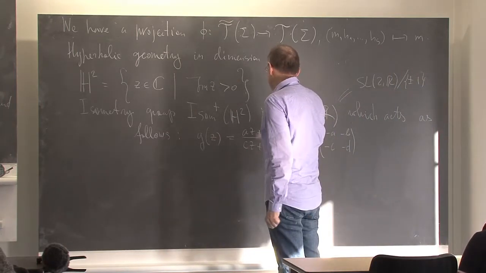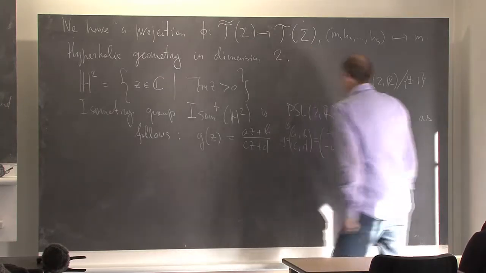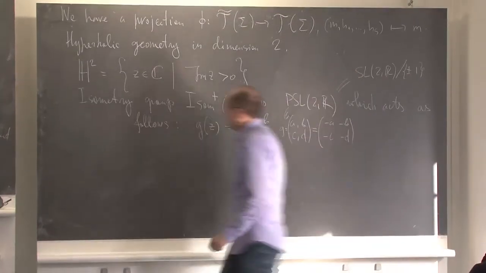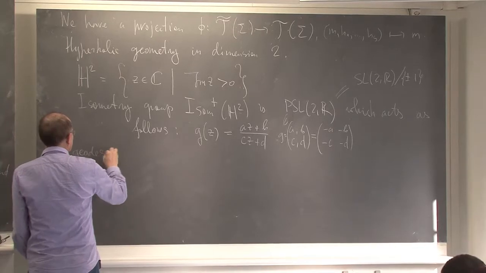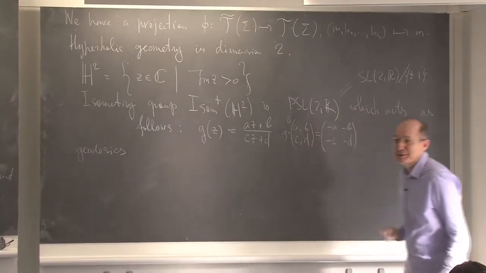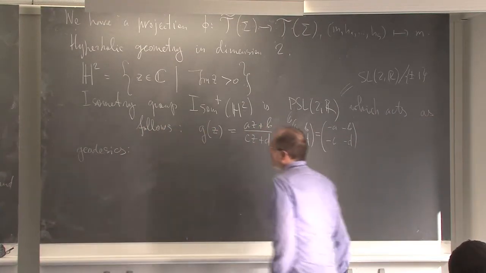Using this fact, you can deduce what the metric is, but I'll say just what the geodesics are. This is not a course on hyperbolic geometry, so sorry to be sketchy, we will not derive anything here.